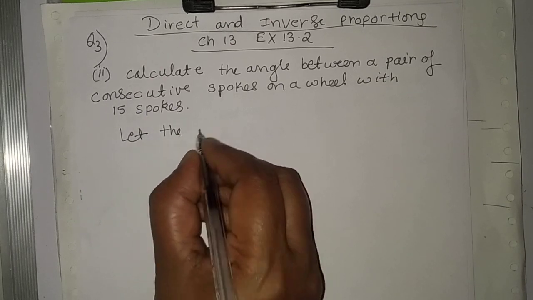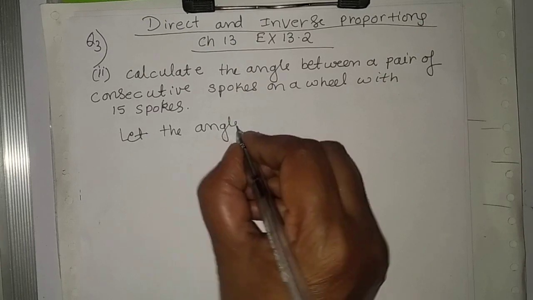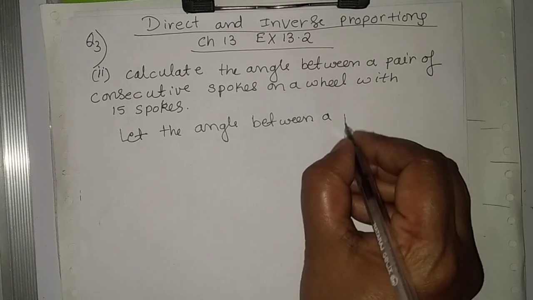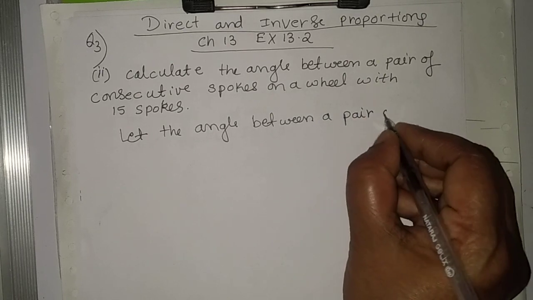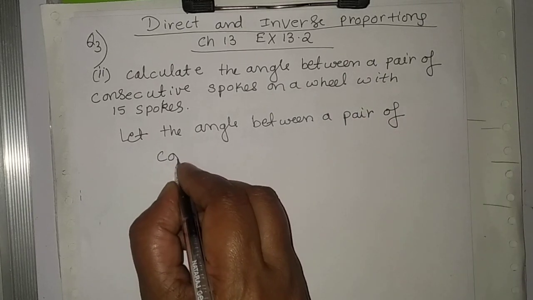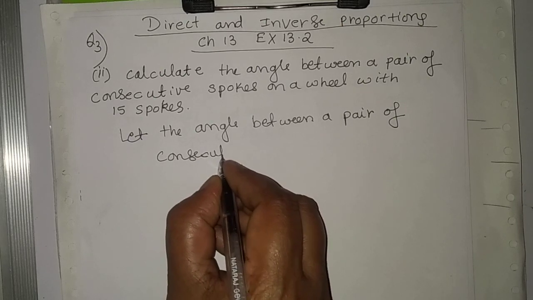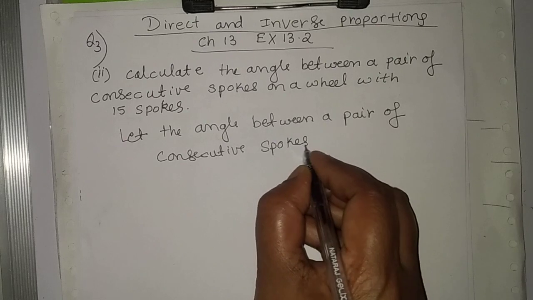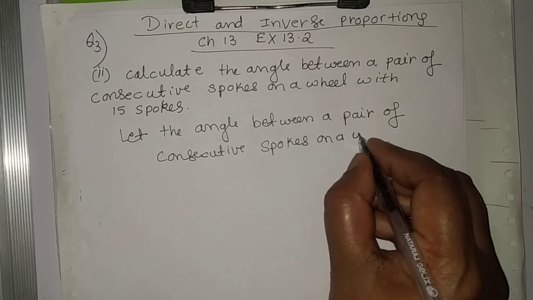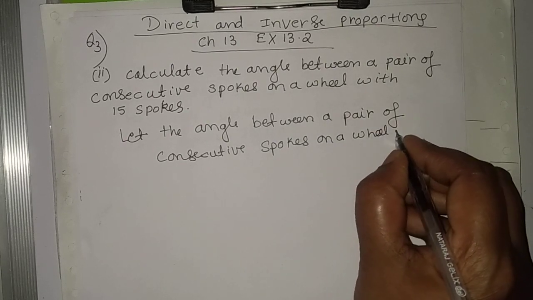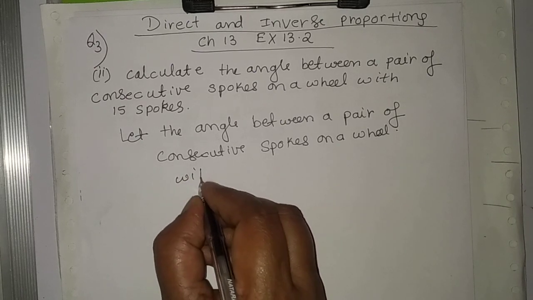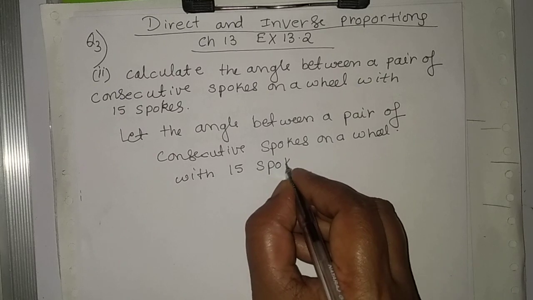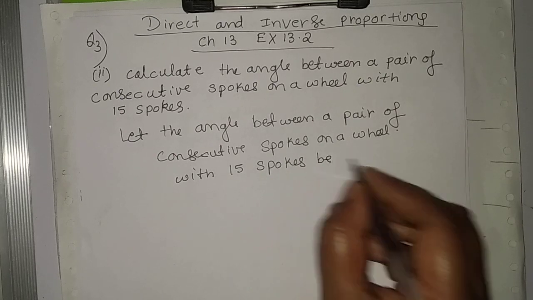So let the angle between a pair of consecutive spokes on a wheel with 15 spokes be what?